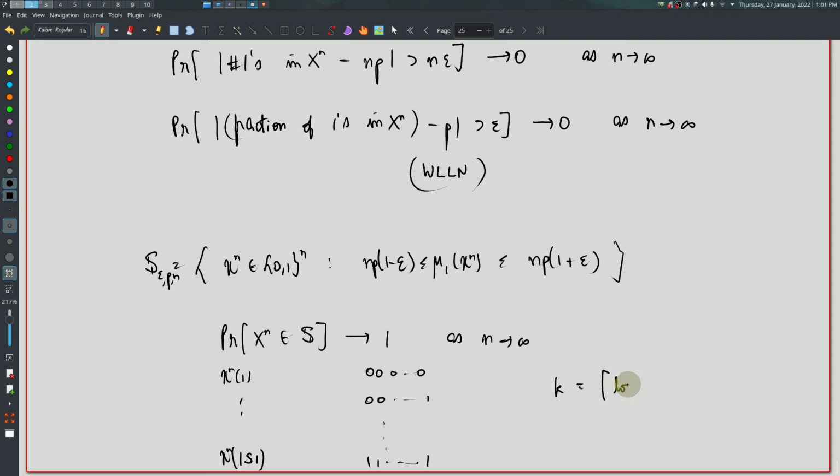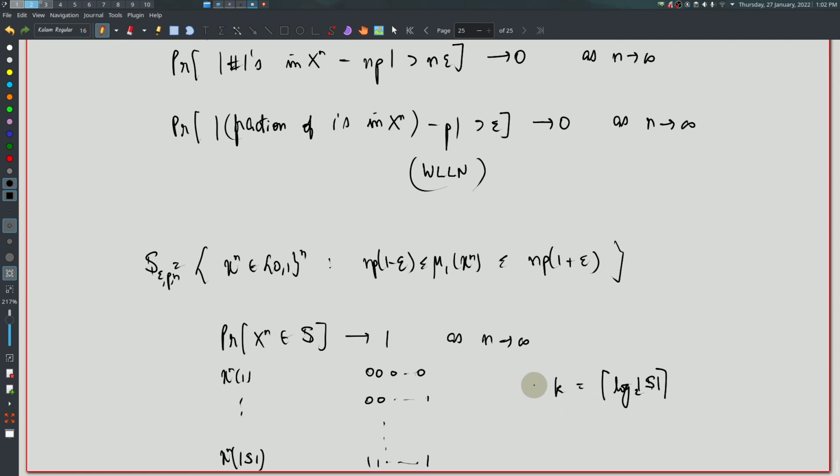So it is a ceil of log, so log of the size of S to base 2. Correct? So these are the number of bits needed to represent any sequence in S. Assuming that, of course, you know S both at the encoder and the decoder, which is anyway known because this epsilon is decided beforehand. P is known both to the encoder and decoder. N is known both to the encoder and decoder.